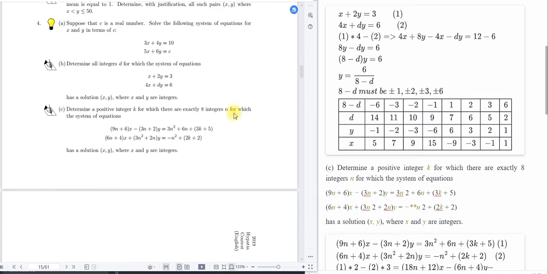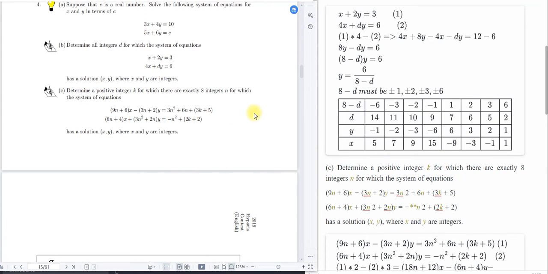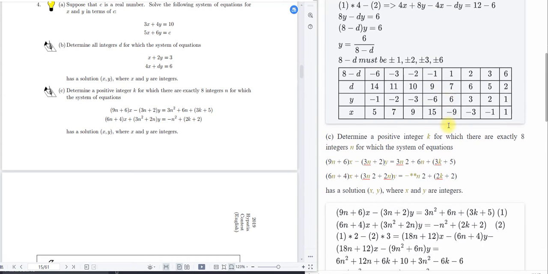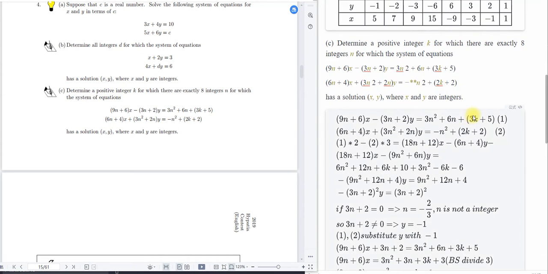Now let's see part C. Determine a positive integer k for which there are exactly 8 integers n for which the system of equations has a solution x, y where x and y are integers. Oh, these two equations. It looks complicated.